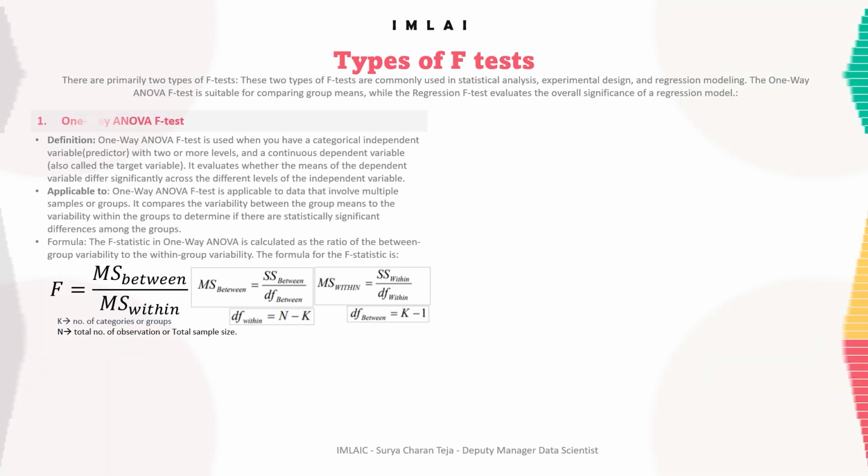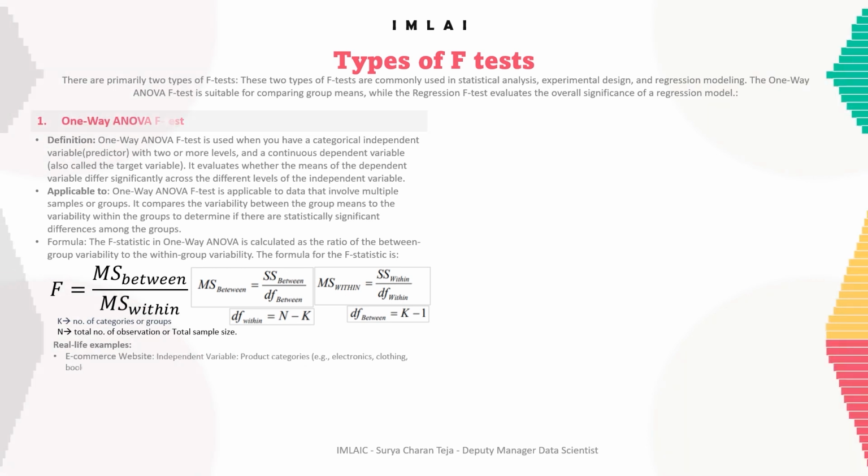Now let's look into some real-time machine learning feature selection examples. The one-way ANOVA F test can be used in feature selection in machine learning when dealing with categorical independent variables and continuous dependent variables. Here are a few examples. First, the e-commerce website.